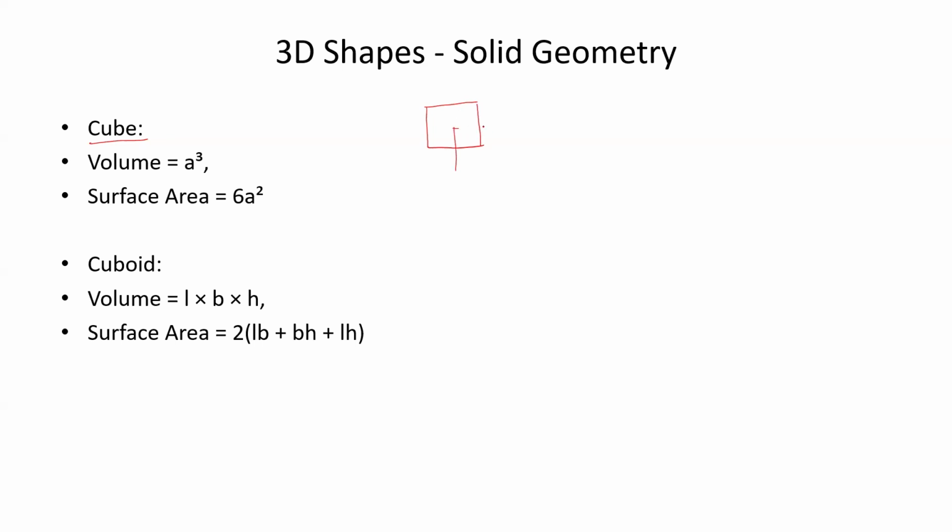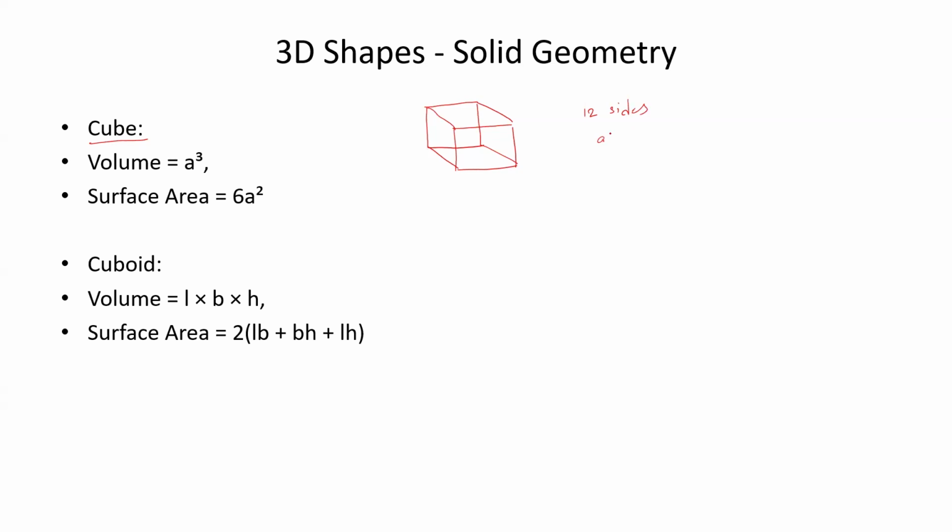All sides of a cube are equal. So you can see that in a cube, how many sides are there? 1, 2, 3, 4, 5, 6, 7, 8, 9, 10, 11, 12. So total 12 sides, right?